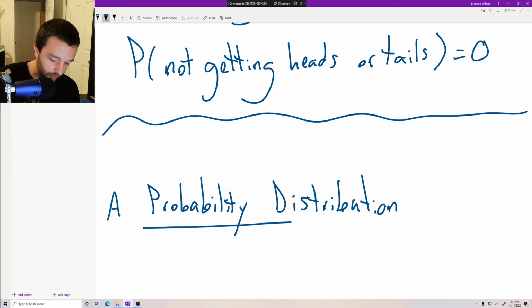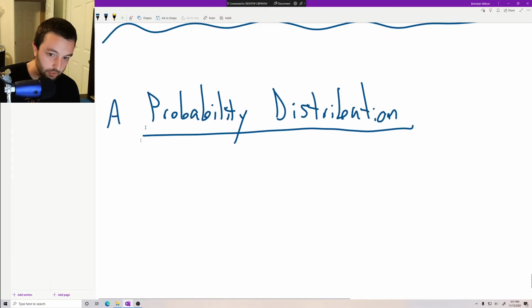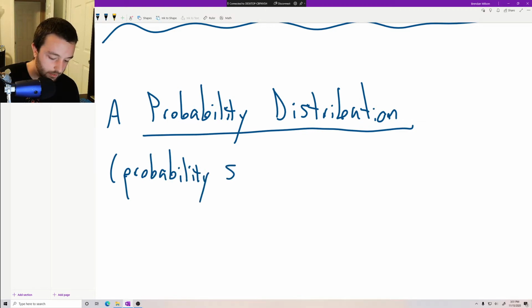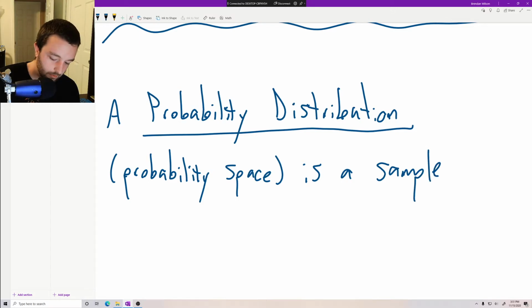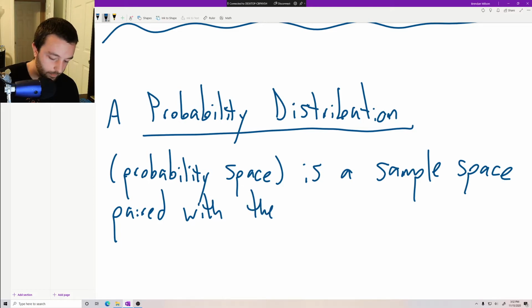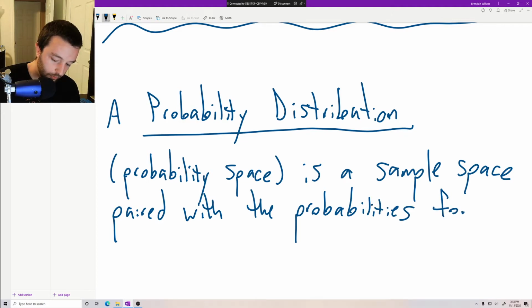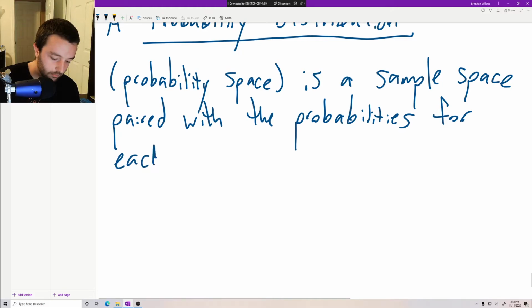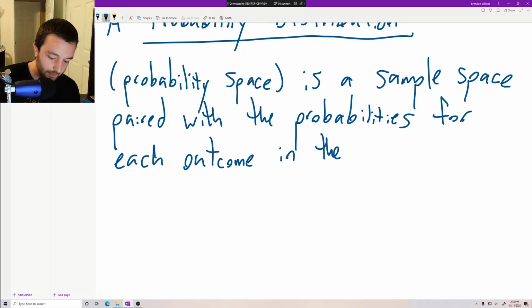A probability distribution, which is sometimes also called a probability space, is a sample space, hence the name probability space, paired with the probabilities for each outcome in the space.